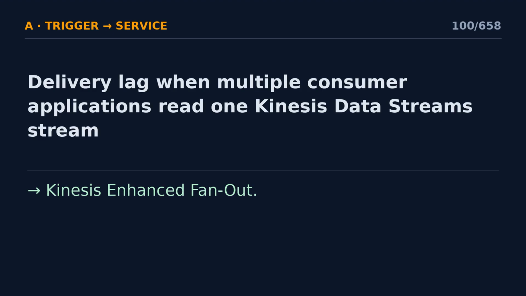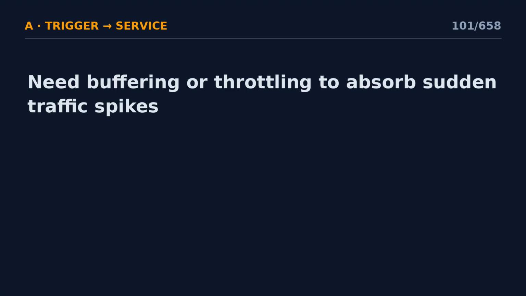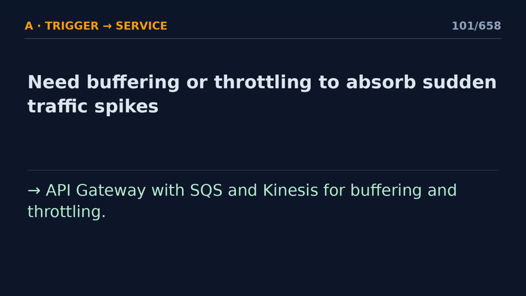Answer: Kinesis enhanced fan-out. Need buffering or throttling to absorb sudden traffic spikes. Answer: API Gateway with SQS and Kinesis for buffering and throttling.